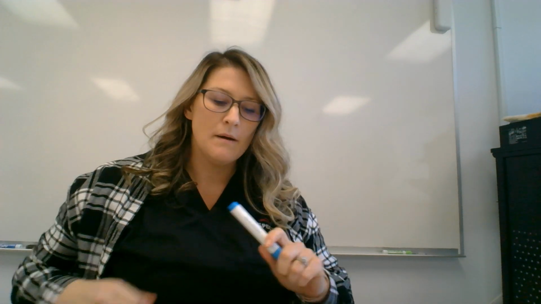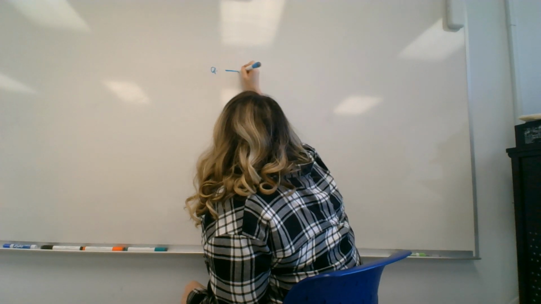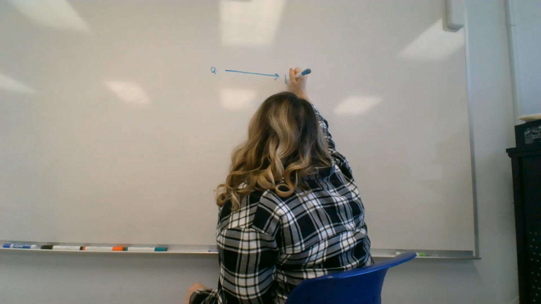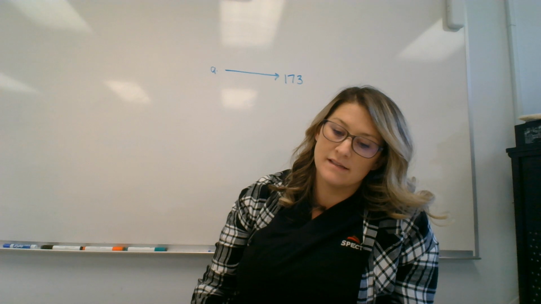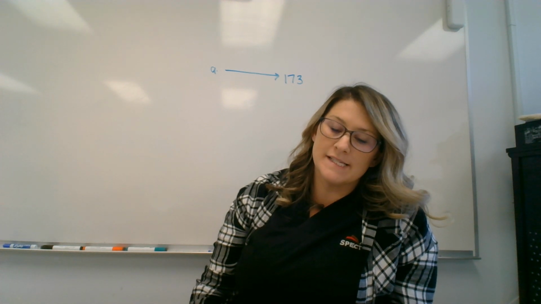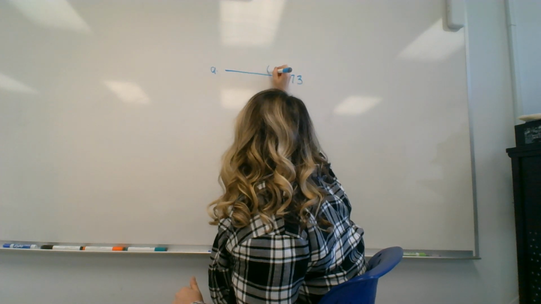All right, part 2. So A says the big number is 173. Okay, so let's see. A, my big number goes here, 173. Let's read the next sentence. The second small number is 61. So 61 goes here.